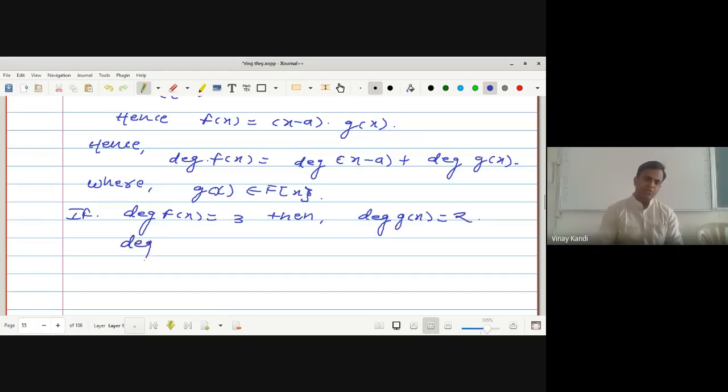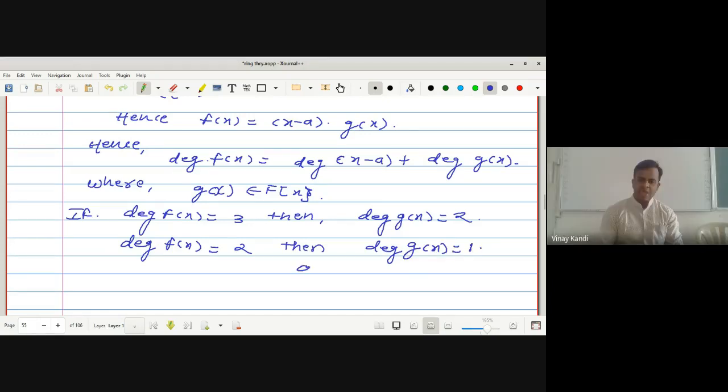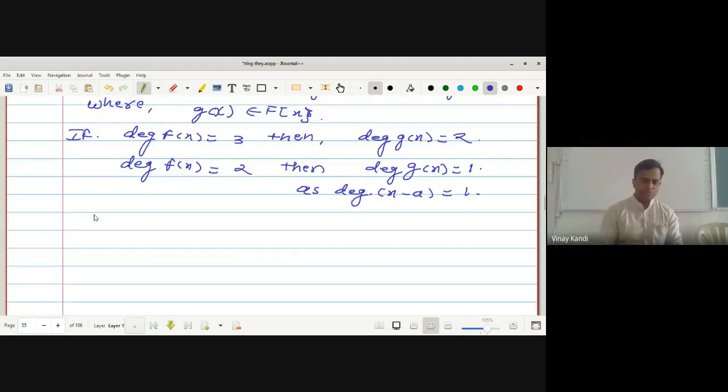If the degree of f(x) is equal to 2, then the degree of g(x) is 1, as the degree of x minus a is equal to 1. So in both the cases, we have 0 less than degree of g(x) less than degree of f(x).